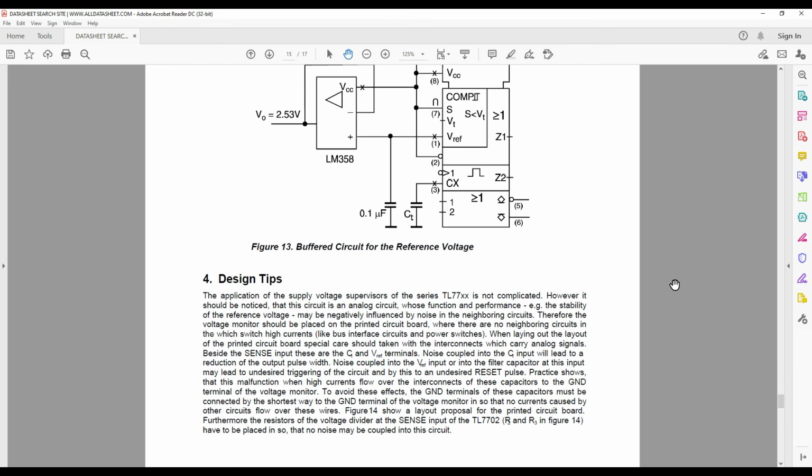Figure 14 shows a layout proposal for the printed circuit board. Furthermore, the resistors of the voltage divider at the sense input of the TL7702, R2 and R3 in figure 14, have to be placed so that no noise may be coupled into the circuit.